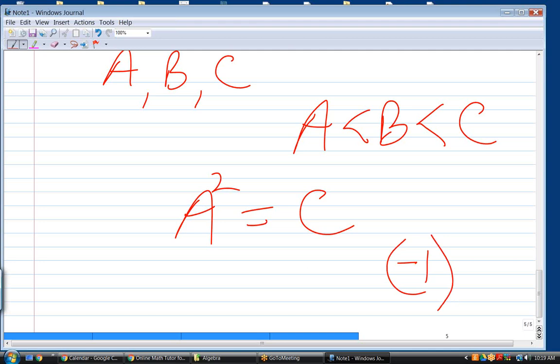Yes, because B could be 0 and C could be 1. In which case, minus 1 squared would be equal to 1. So it could be minus 1. Could it be 0?